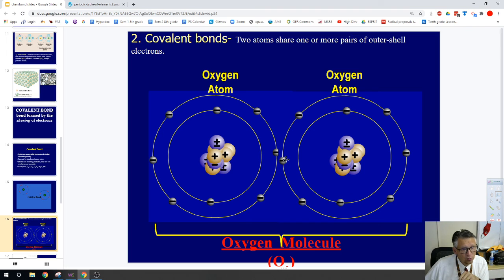So oxygen, when they come together, these electrons can share their time between each other's outer shell. So those electrons can go around. And it's that sharing that is going to help them feel happy. And this is between oxygen, this is O2, and that's what we breathe in, that we need to have O2. Okay.